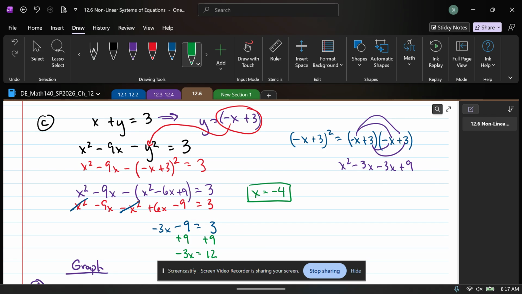So let's do that. Negative 4 plus y is equal to 3. So we're going to add 4. And y is just 7. So my ordered pair would be negative 4, 7.